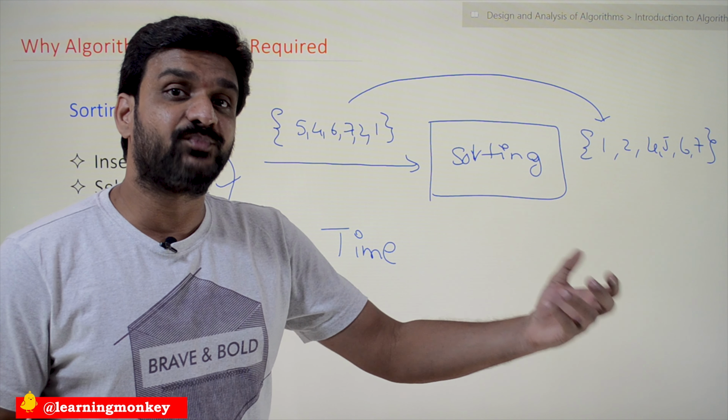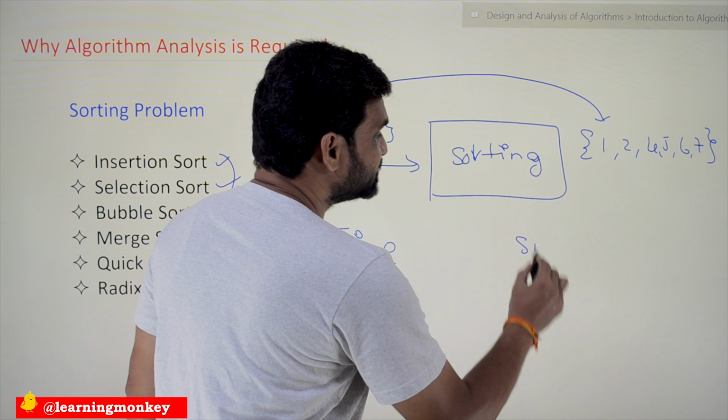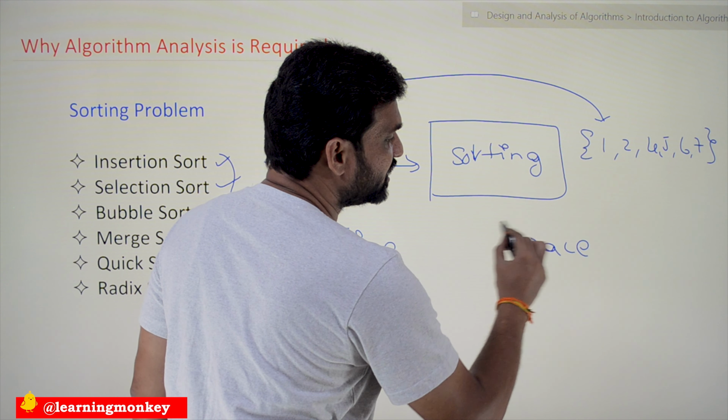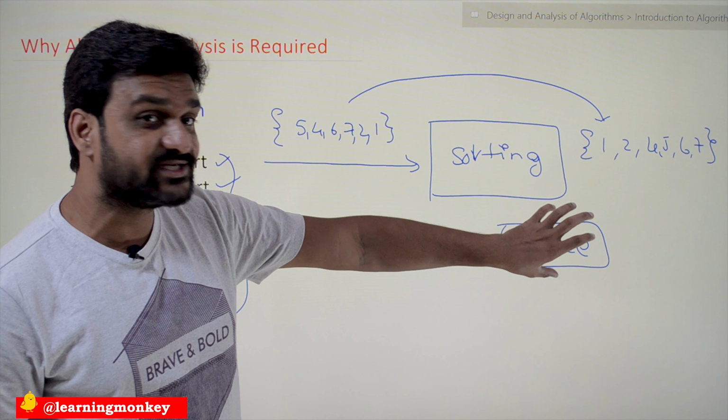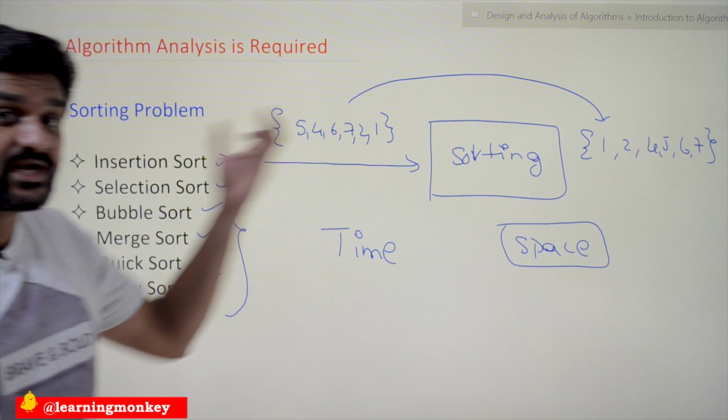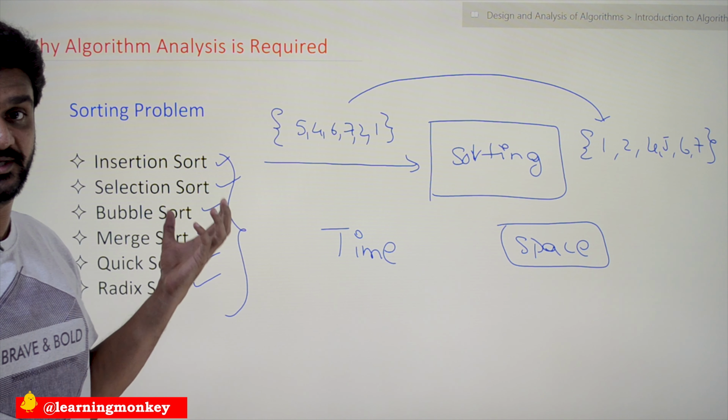The other very important factor is space. We will try to understand its definition and basic part, but we are not going to consider it as the main factor to analyze an algorithm.